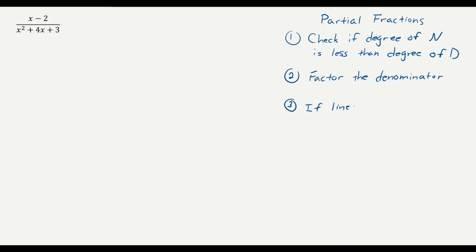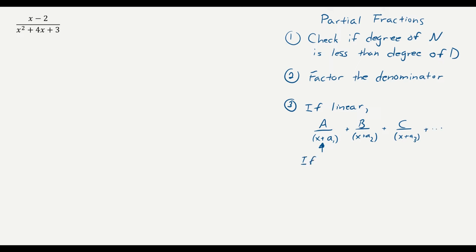If the factors are linear, it's going to be of the form a over the linear factor, we will call this x plus a sub 1, plus b over x plus a sub 2. So I'm just talking about linear factors where the factor in the denominator has an exponent of 1. And this process would continue for as many factors as you have.